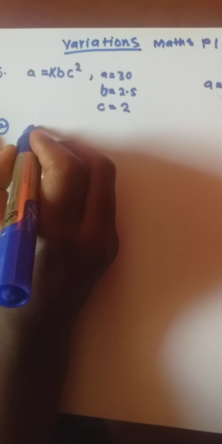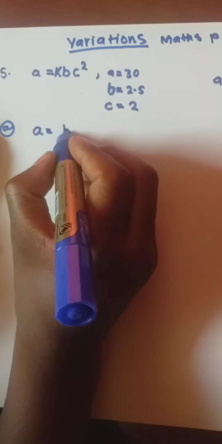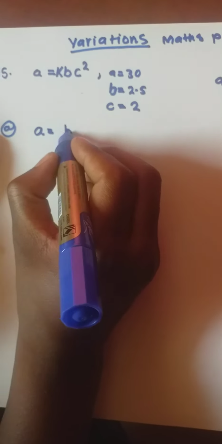Like we said, A varies directly as B and as the square of C. Remember, always in variation we need to put a constant K, whether it's direct or inverse. So that will be our expression. Then to find K, you replace these values in the expression.